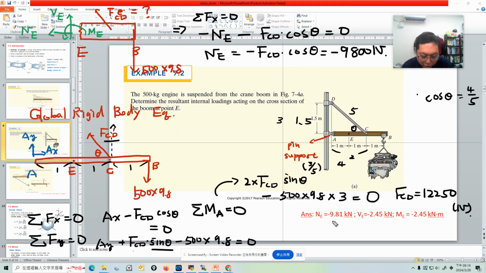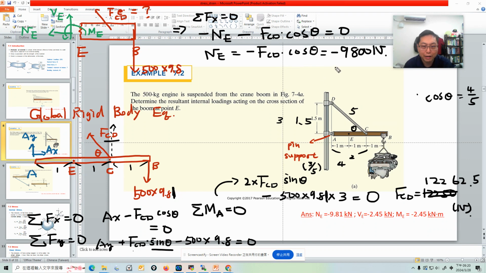Let me check this again. 500 times 9.8 times 3. I think if we're more accurate, it should be 12262.5, because if we choose 9.81.